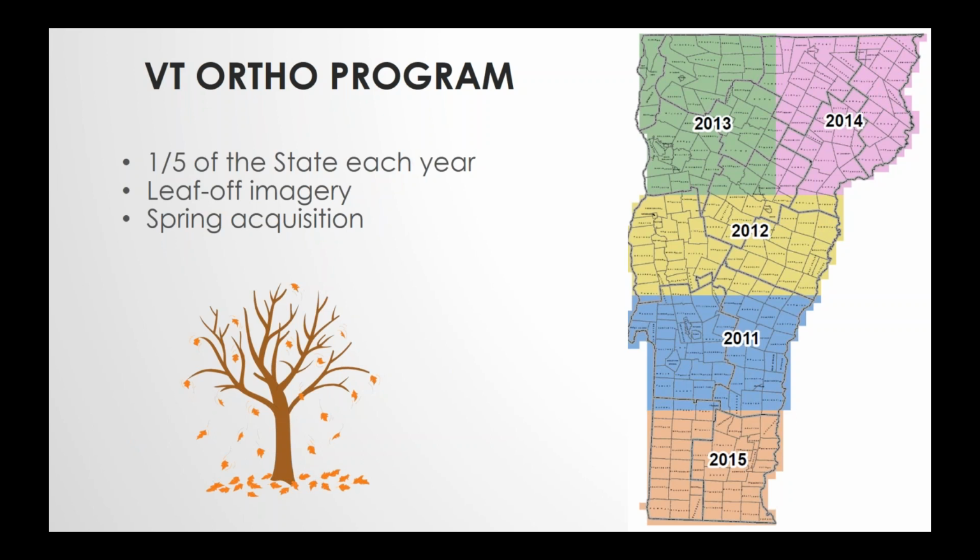It could be weather conditions, it could be ground conditions. The imagery is a leaf-off imagery product. So Vermont's Ortho Imagery is since its inception been a leaf-off product. And it's collected during the springtime, which is the optimum time for both leaf-off as well as sun angle.